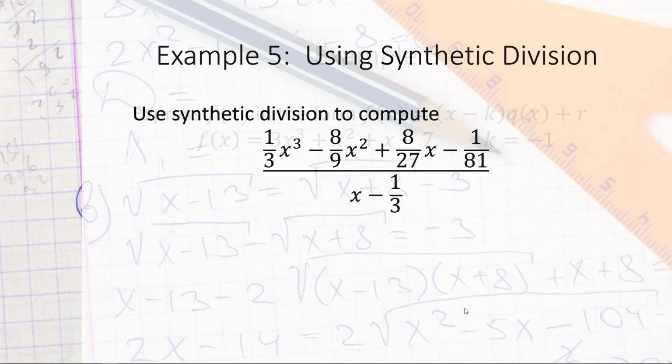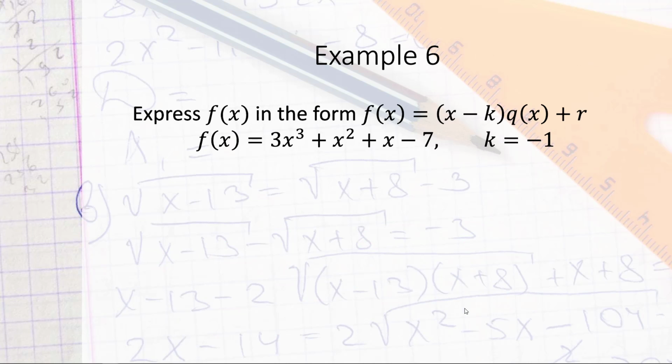And then finally, we have this particular form. We want to express f of x in the form of x minus k times q of x plus r for the case where k is equal to negative 1. So what we need to do is divide this by x minus k, which in this case will be x plus 1.